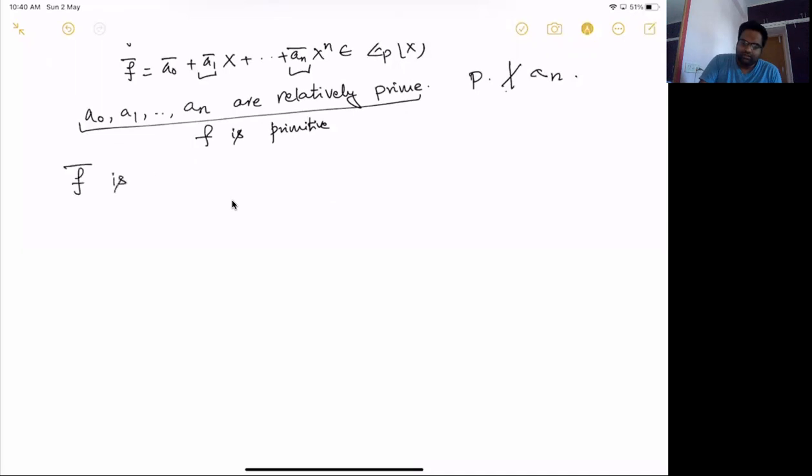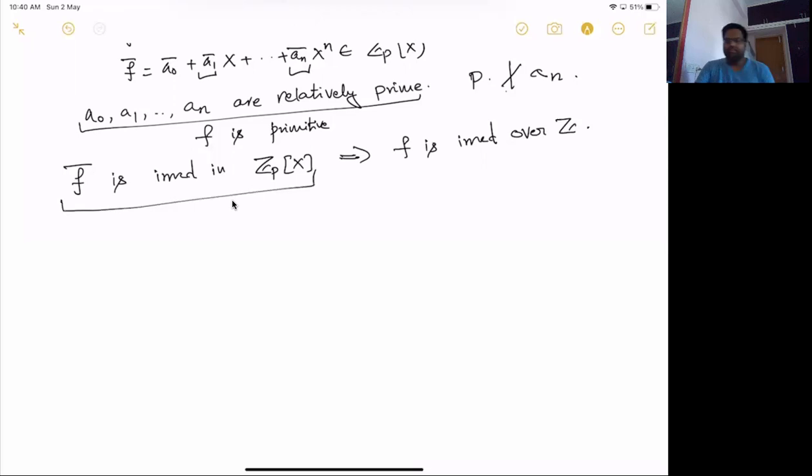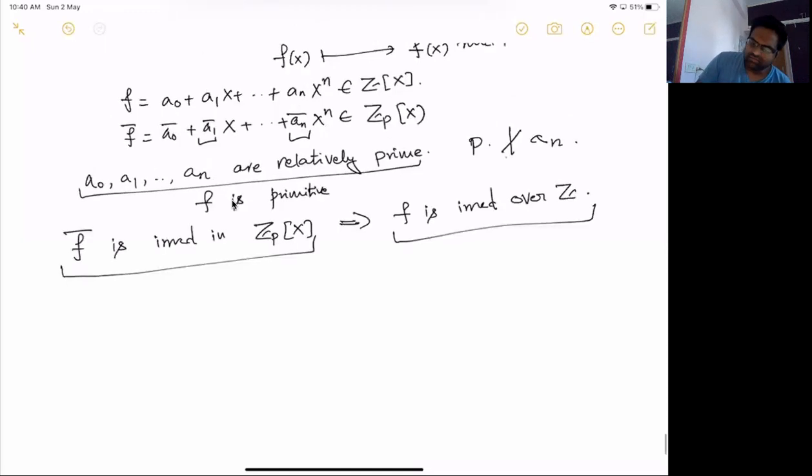If f bar is irreducible over Z_p, then f is irreducible over Z. Checking this is very easy compared to checking the other one. So this is the theorem.